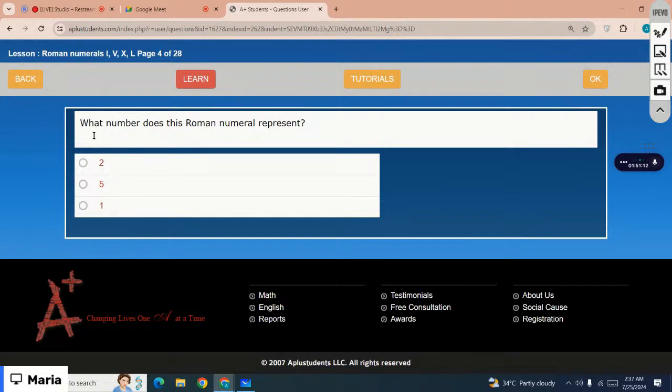What number does this Roman numeral represent? Which is the correct option? The correct option is option number 3. 1 it is.